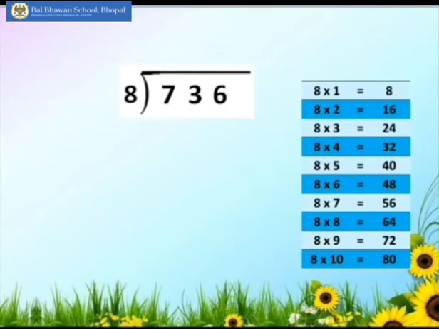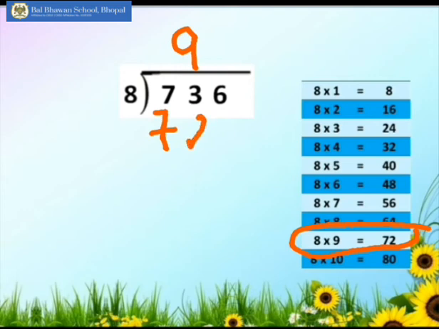Children, as we can see here, 8 into 9 is 72. So we will write 9 as a quotient and 72 just below 73, because 8 into 9 is 72.